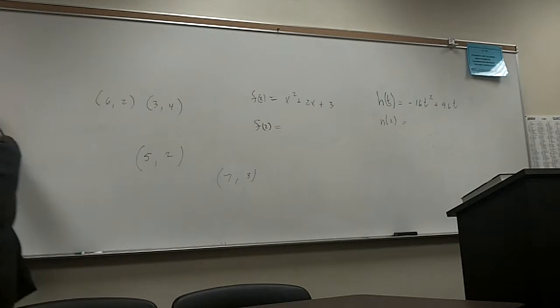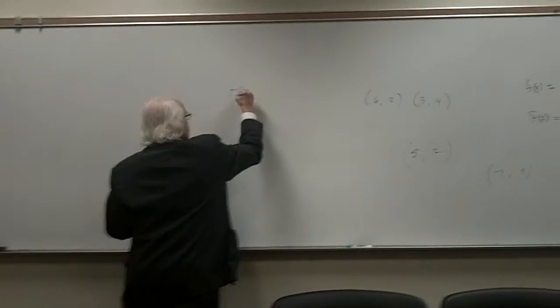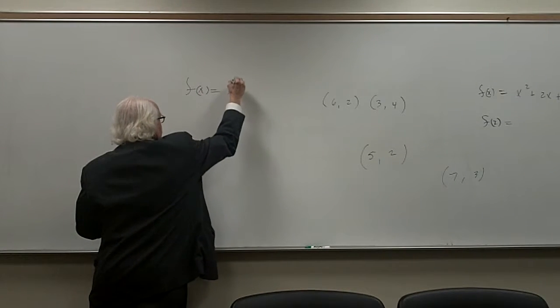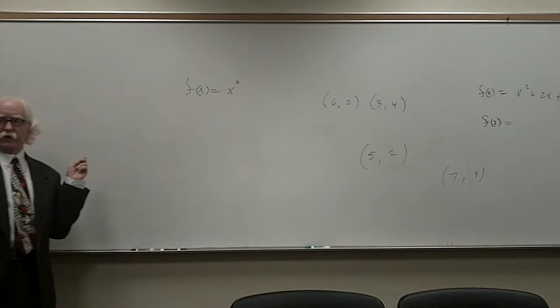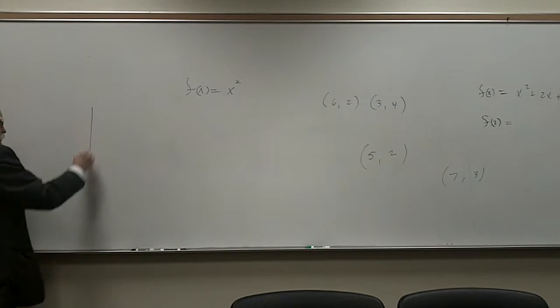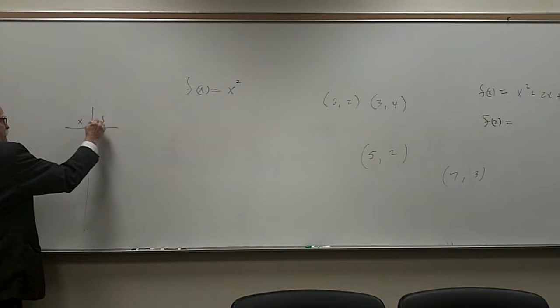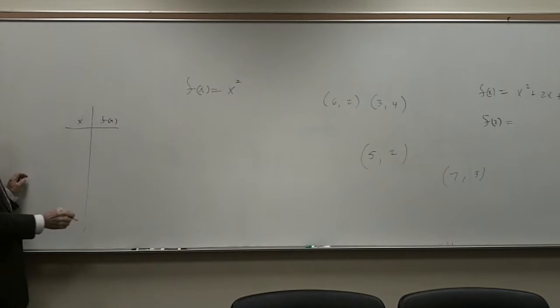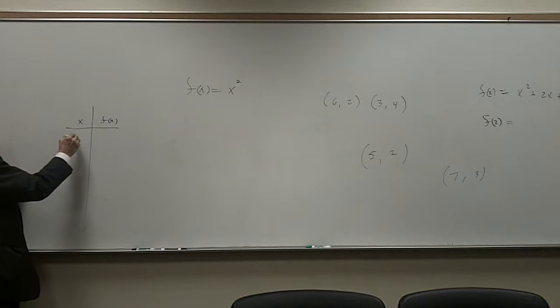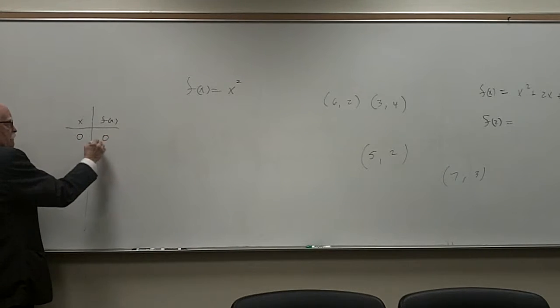What if we did this? F of x is x squared, I'll do a really simple one. That's a very simple one there. You could say x, f of x. Okay. So when x is 0, this is 0.